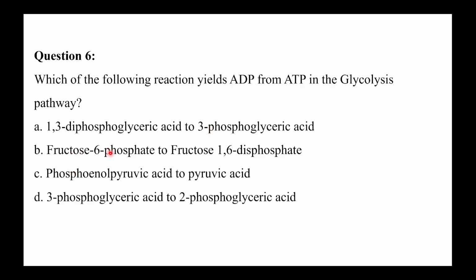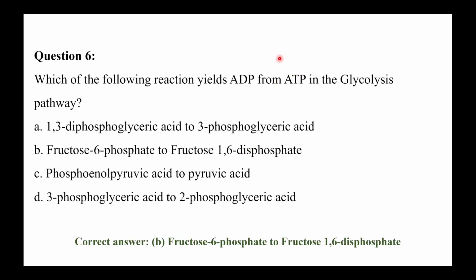Second option, fructose 6-phosphate to fructose 1,6-diphosphate. Here fructose 6-phosphate is taking up one more phosphate to become a diphosphate. So this is the correct answer. All of you are answering option B, and this is correct. ATP will give one phosphate to fructose 6-phosphate, and then ATP will become ADP and fructose 6-phosphate will become fructose 1,6-diphosphate.